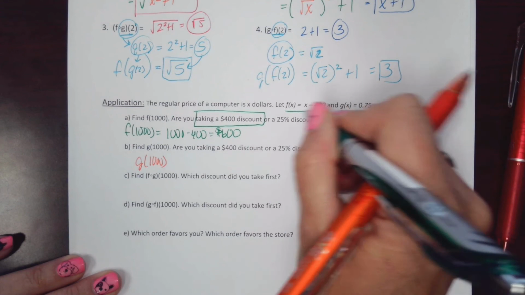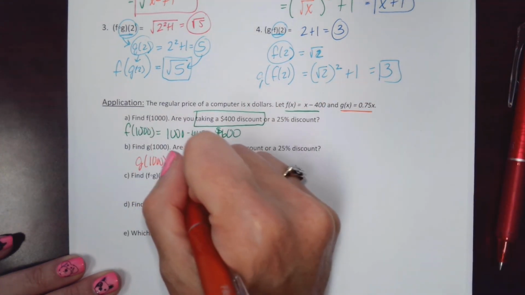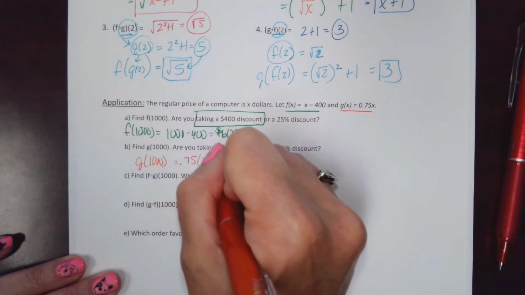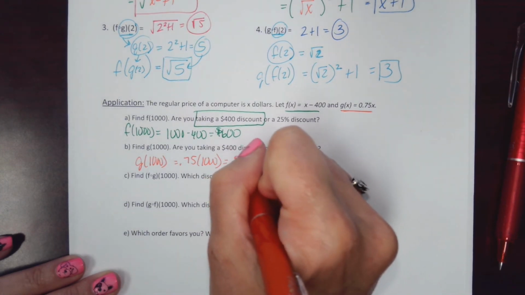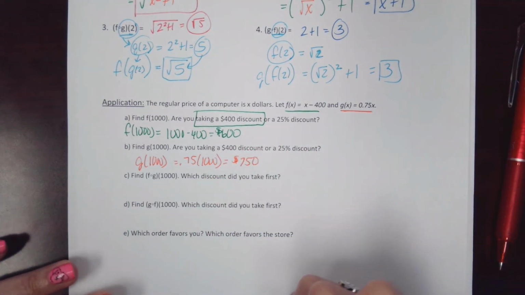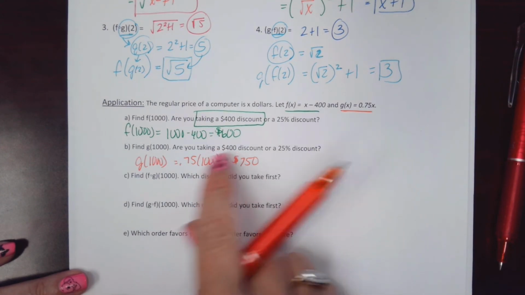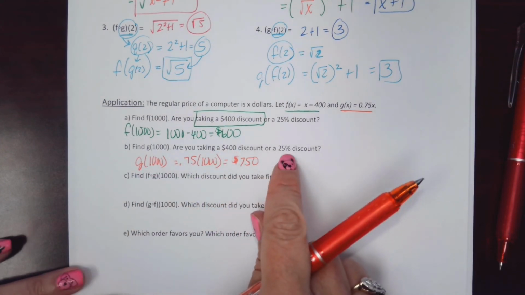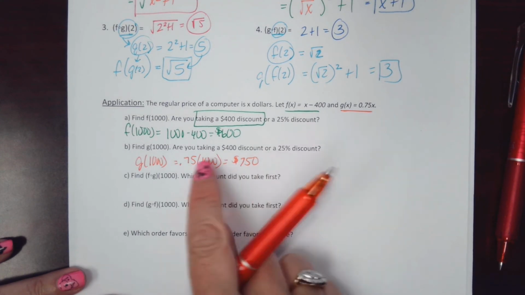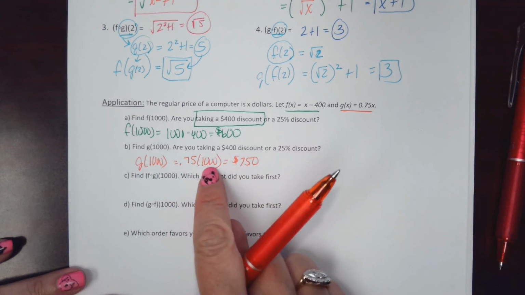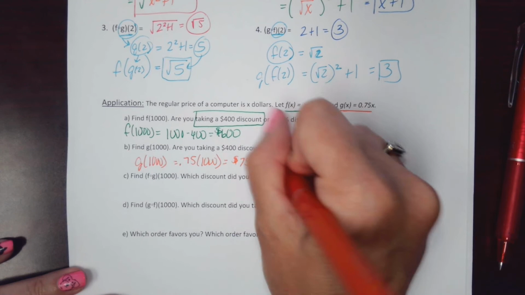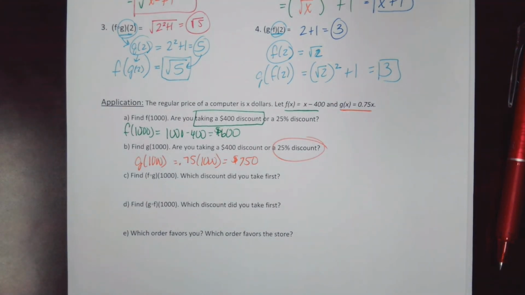There's my f function, here's my g function. I've got 0.75 times 1,000. That leaves me with $750. What am I doing there? Am I taking a $400 discount? No. Am I doing a 25% discount? Yeah, I'm taking 75% of the price. That means I took off 25%. So that's a 25% discount.